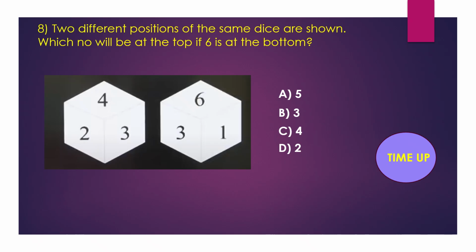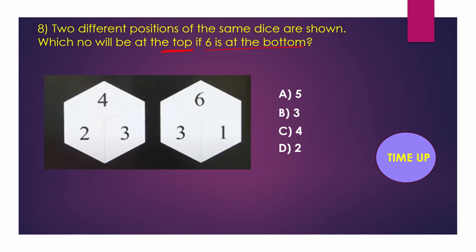Which number will be at the top if 6 is at the bottom? Same thing, but they have twisted the question here. That's it. They have basically asked what is the opposite of 6. 6 is at the bottom, suppose, then what is at the top? Correct?